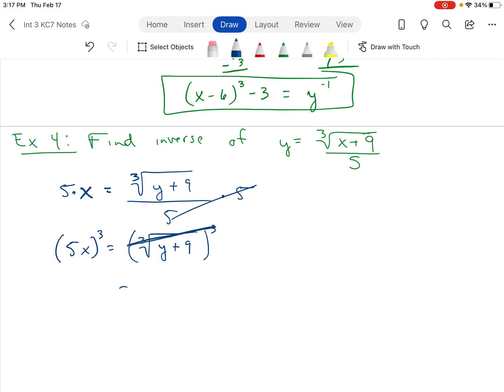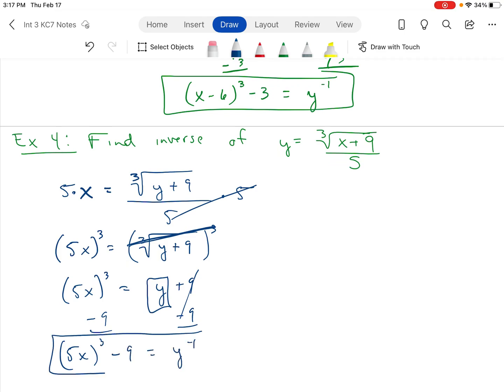Now it's gone, and I'm left with y plus 9 on the right side and 5x cubed on the left side. Last step to get y by itself is to subtract 9 from both sides, and I get 5x cubed minus 9 equal to y inverse as my final answer. And you're done.